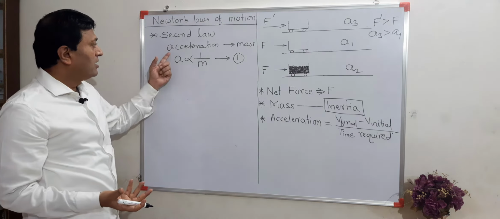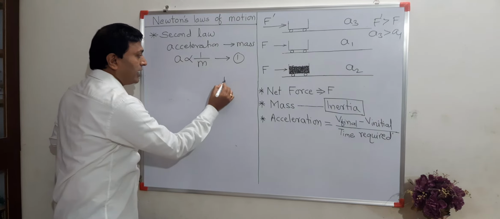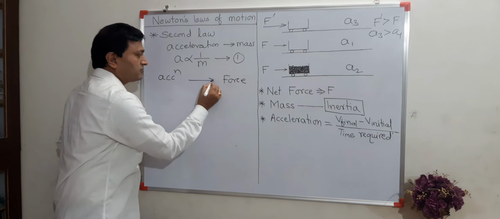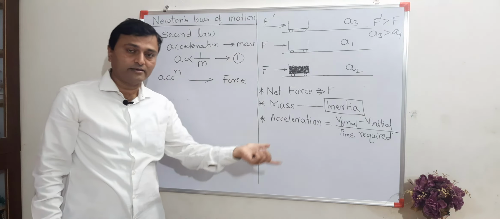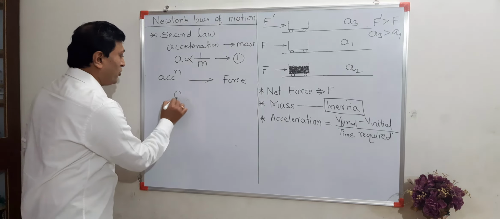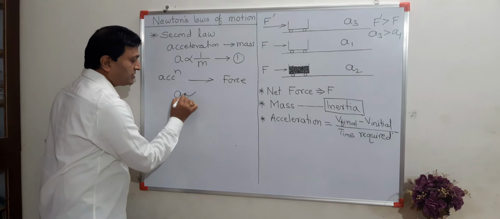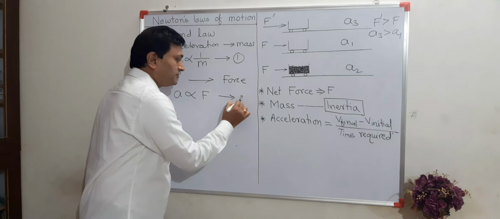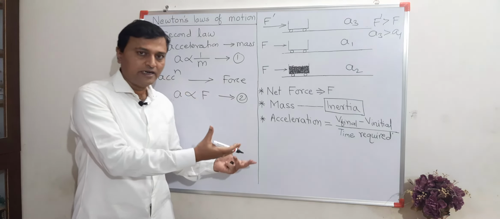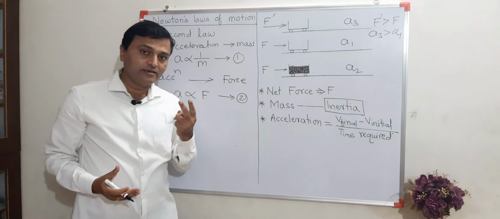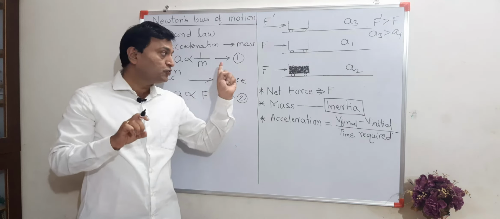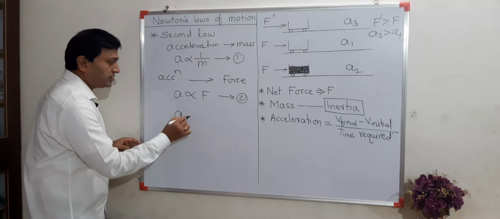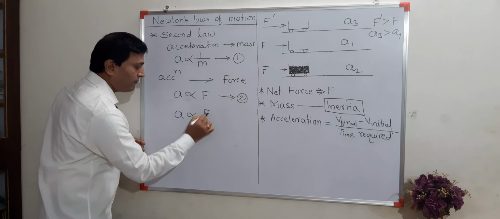Means this force and acceleration have a relation. As force is more, acceleration is more. In symbolic form, you can write acceleration is directly proportional to force. This is the second effect. Means from a simple experiment, we got two effects. Combining these two effects, we can write in mathematical form that acceleration is directly proportional to F upon m.